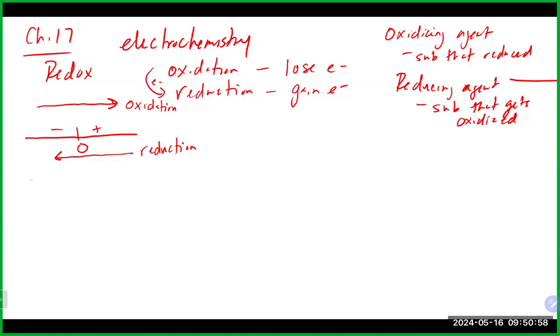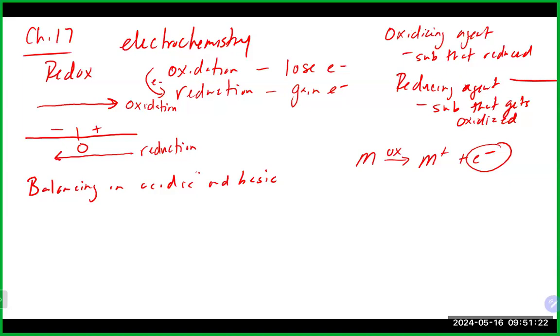We talked about balancing equations in acidic and basic conditions. And again, the idea here is we have our half reactions, and this would be our oxidation half reaction, where we have our electrons there on the product side, like they're being given off.